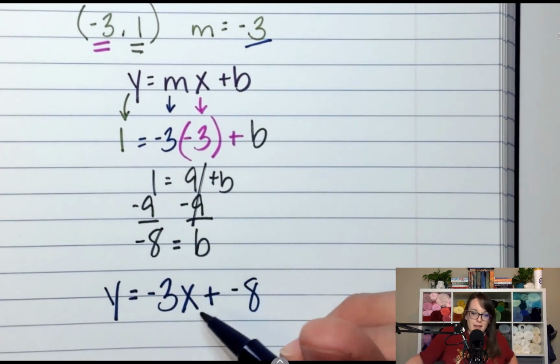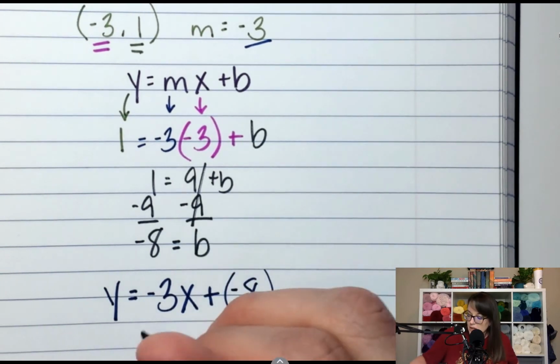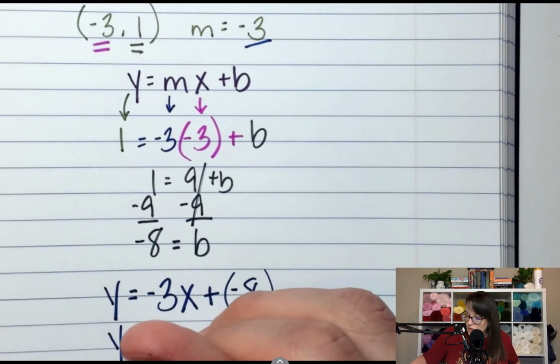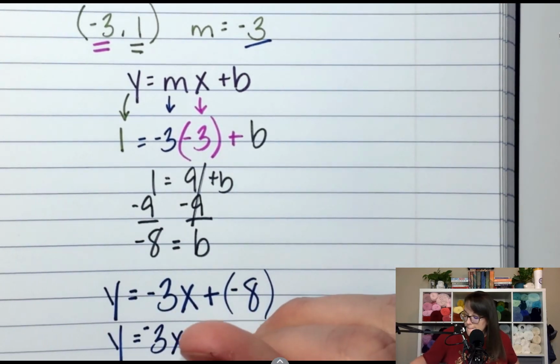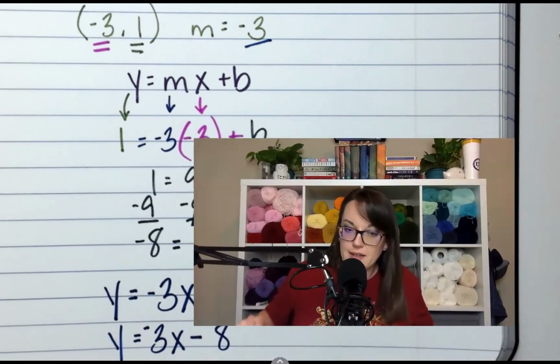Now, I don't really like the plus and negative like that, so I could put parentheses around it to separate it. Or I could say y equals negative 3x minus 8, because -8 is the same as adding a negative.